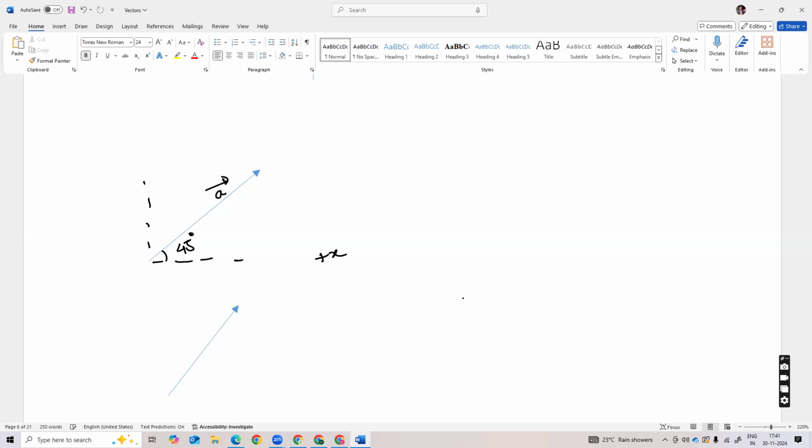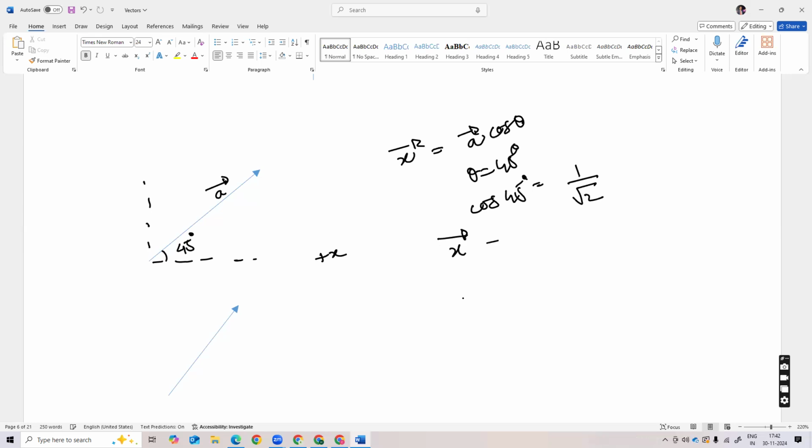So if we have to find its component along x-axis, its component x is a cos theta. So here theta is equal to 45 degree. So cos 45 is 1 upon root 2. So the x component of this vector a is a by root 2.